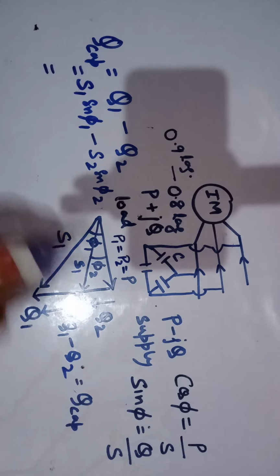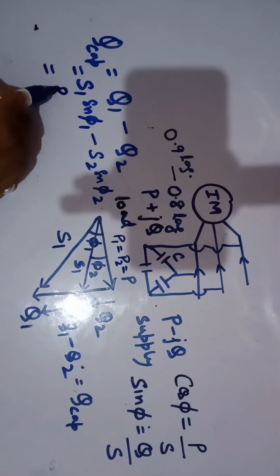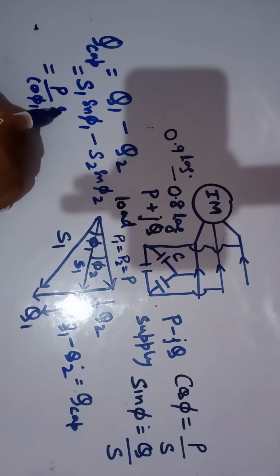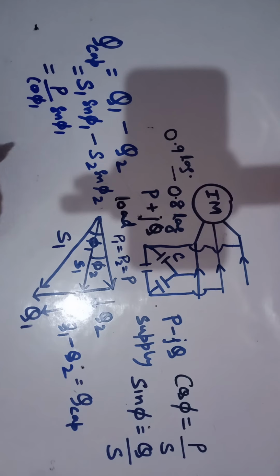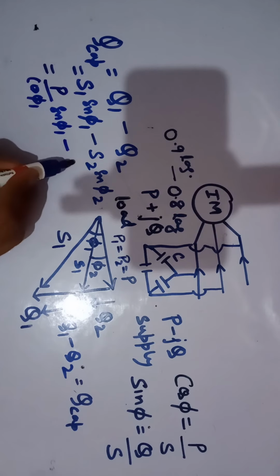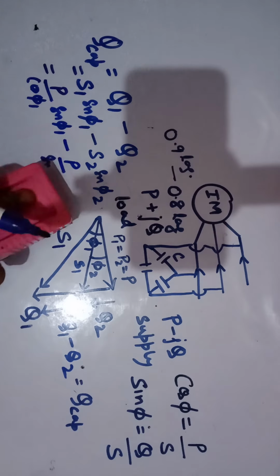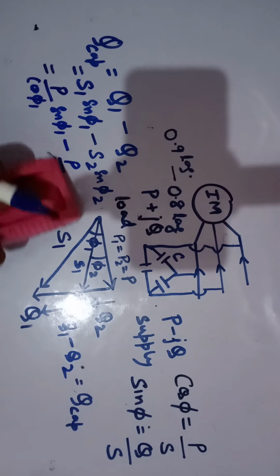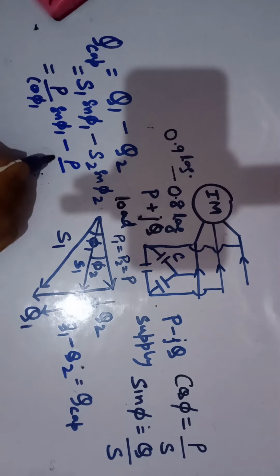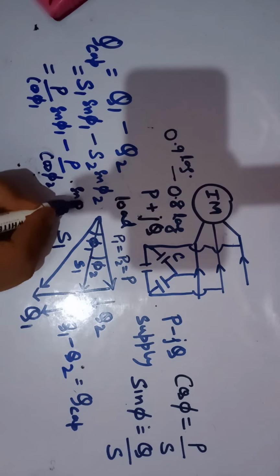S1 I can write as P upon cos phi 1, and similarly here P upon cos phi 2, and there is sine phi 2.